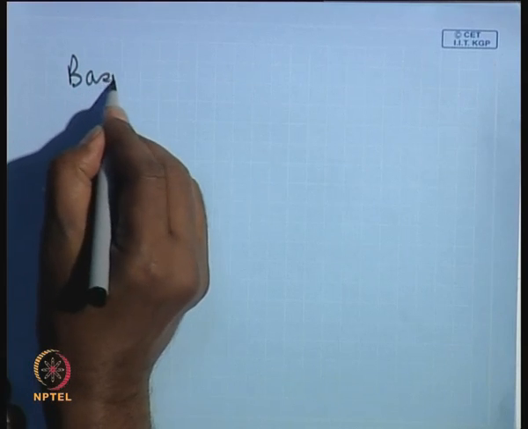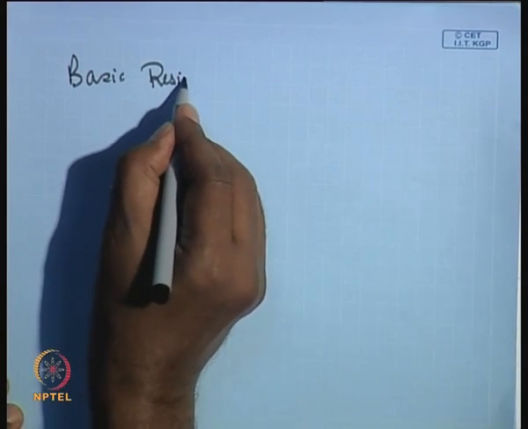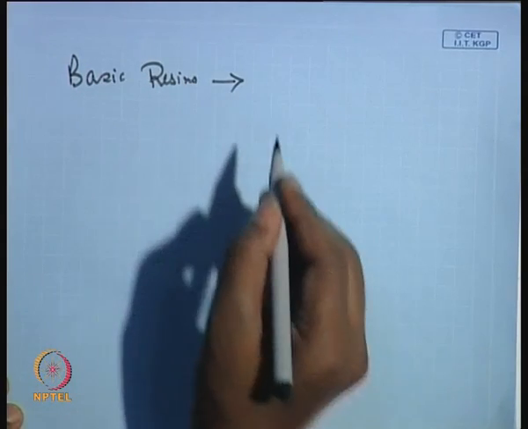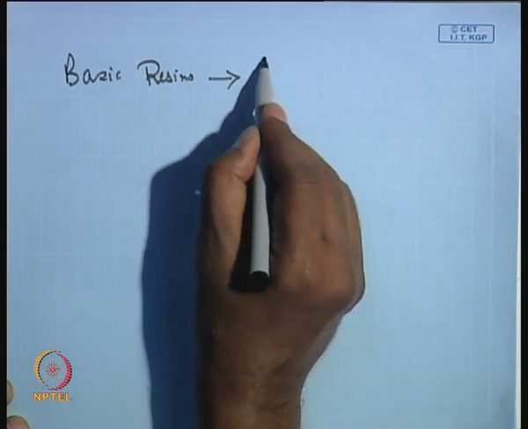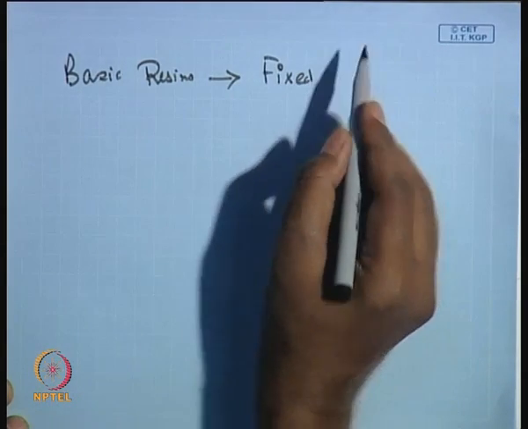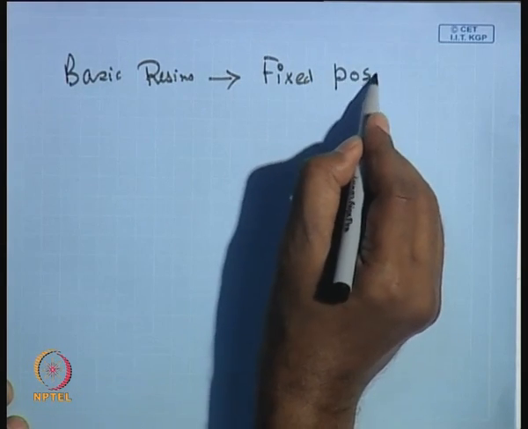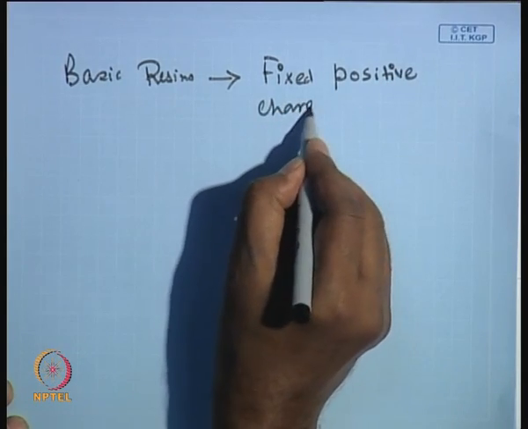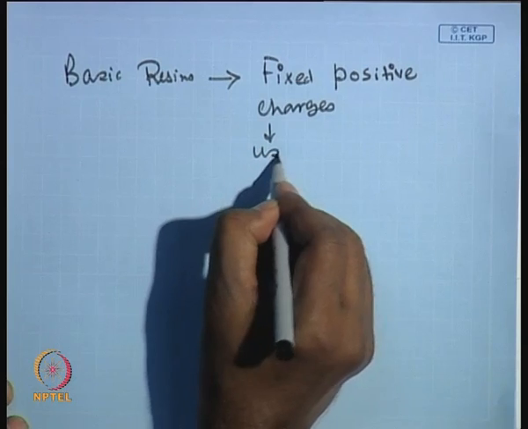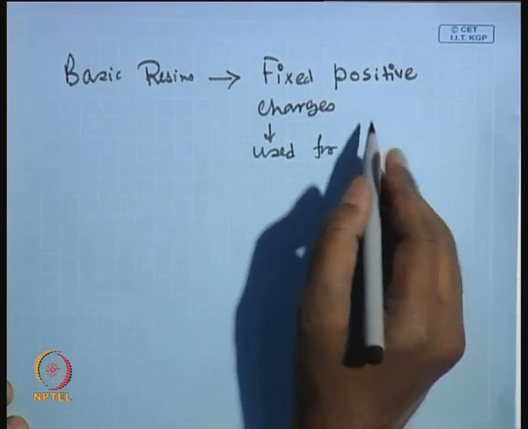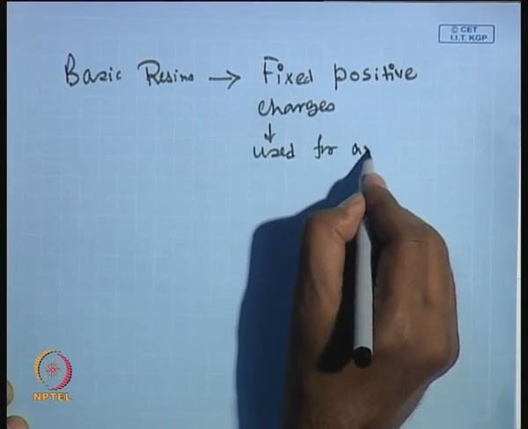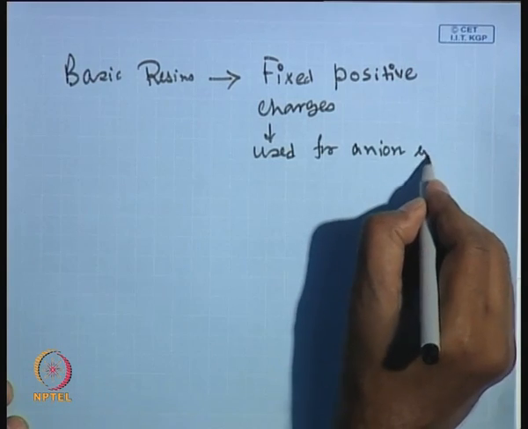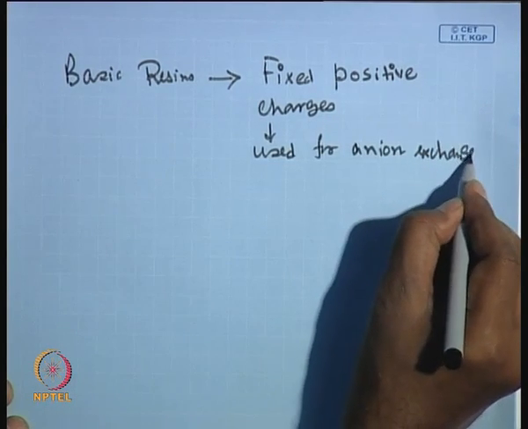On the other hand, the basic resins have fixed positive charges, used for anion exchange.